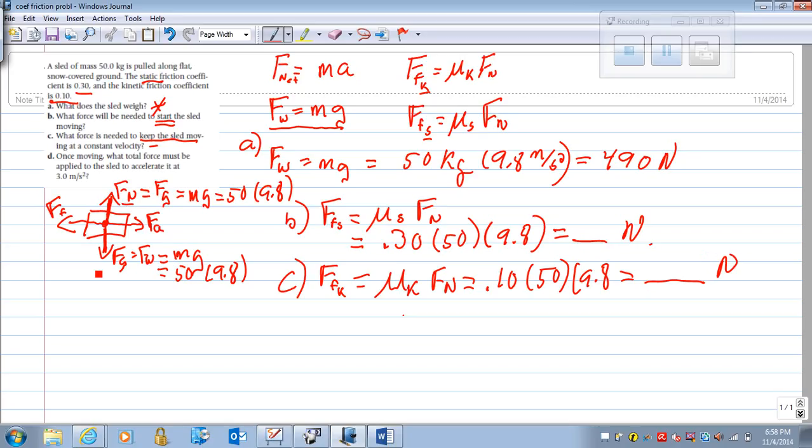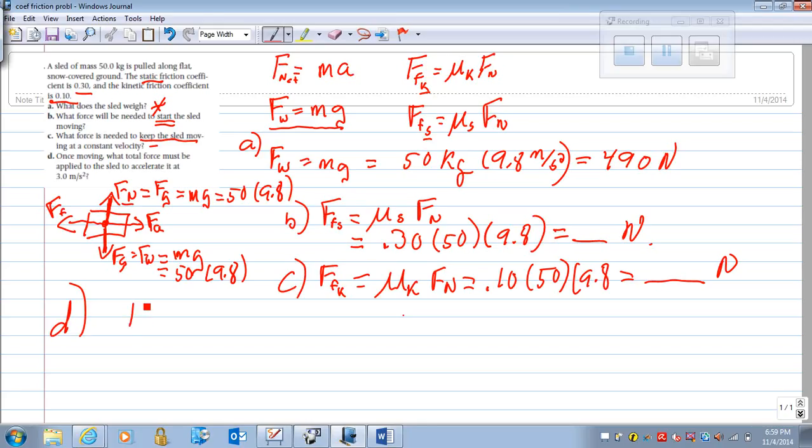So that leads us to D. D wants to know, once this sled is moving, what if I wanted to accelerate at 3 meters per second squared? So let's think about this.